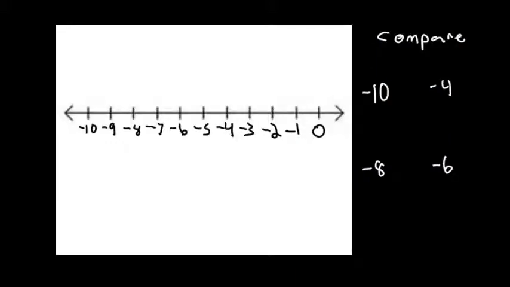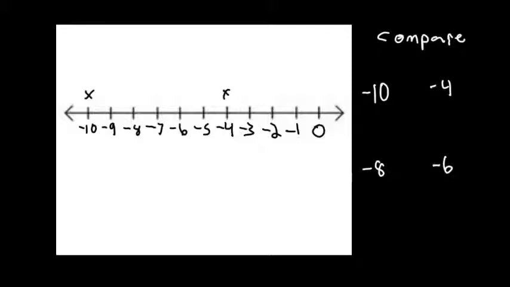Alright, so when we're talking integers, we're talking about the negative numbers along with the positives, but here we're just going to focus on the negatives. So I want to compare -10 and -4. -10 is right here and -4 is right there. When you're comparing these, you have to think which one is greater, which one's less.